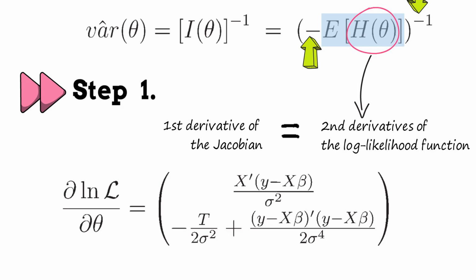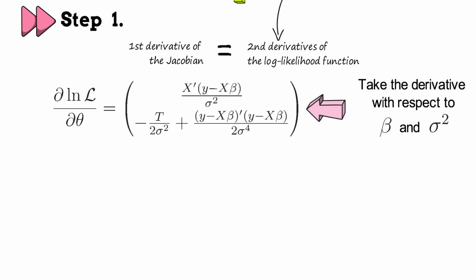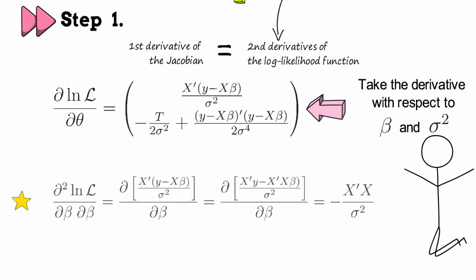Okay, now what we have to do is to take the derivative of each of these elements of the gradient vector with regard to beta and with regard to sigma square. That's a bit painful, but as I've said, the video is step by step, so let's just do everything step by step.